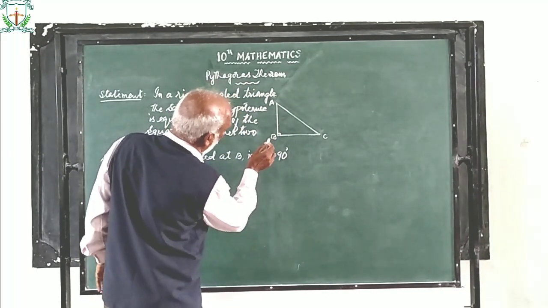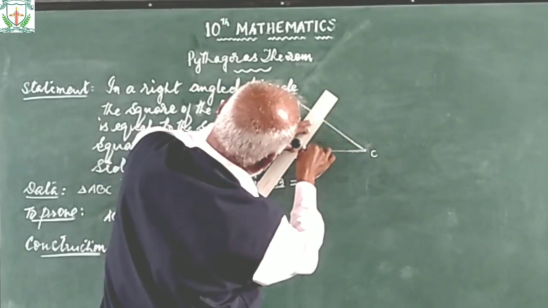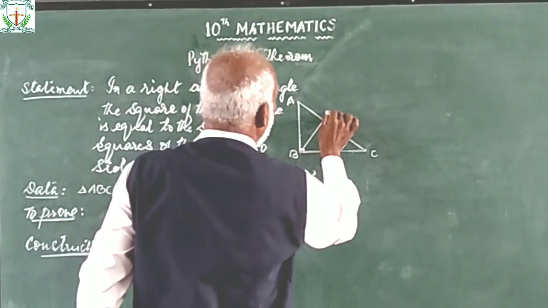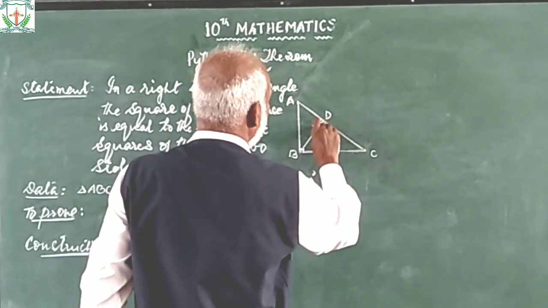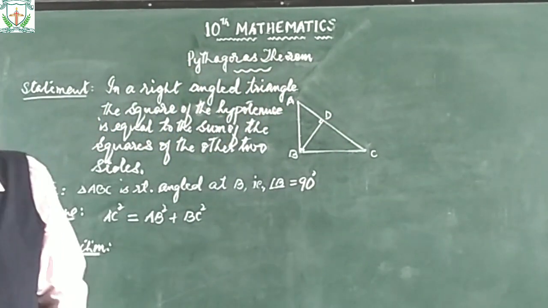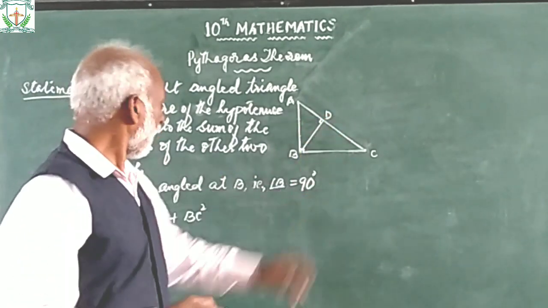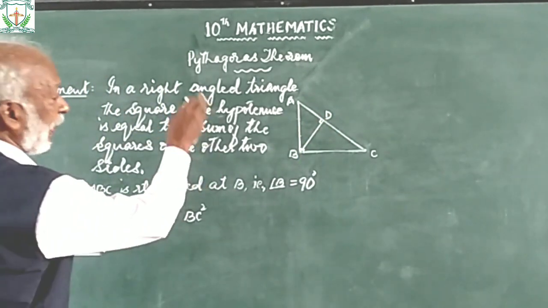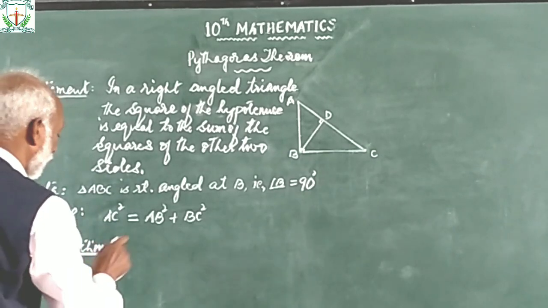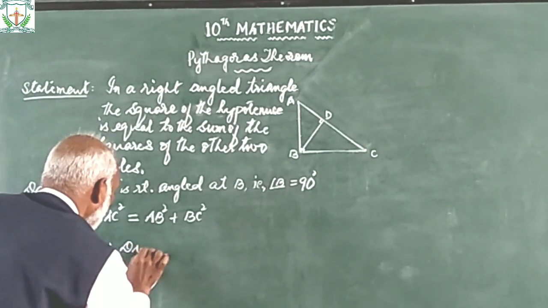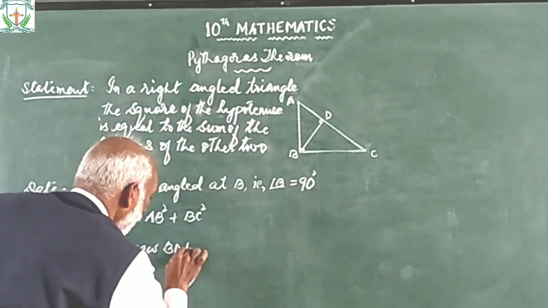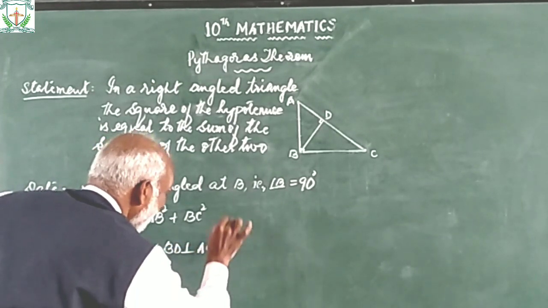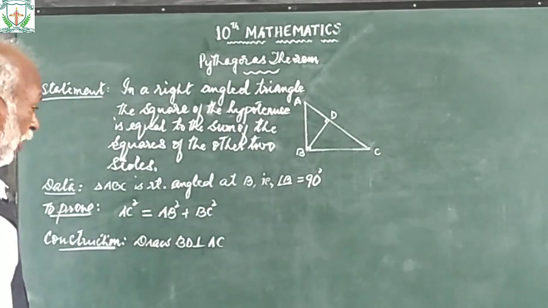So the construction is, I am drawing BD perpendicular to AC, the hypotenuse. So what is the construction? Draw BD perpendicular to AC.